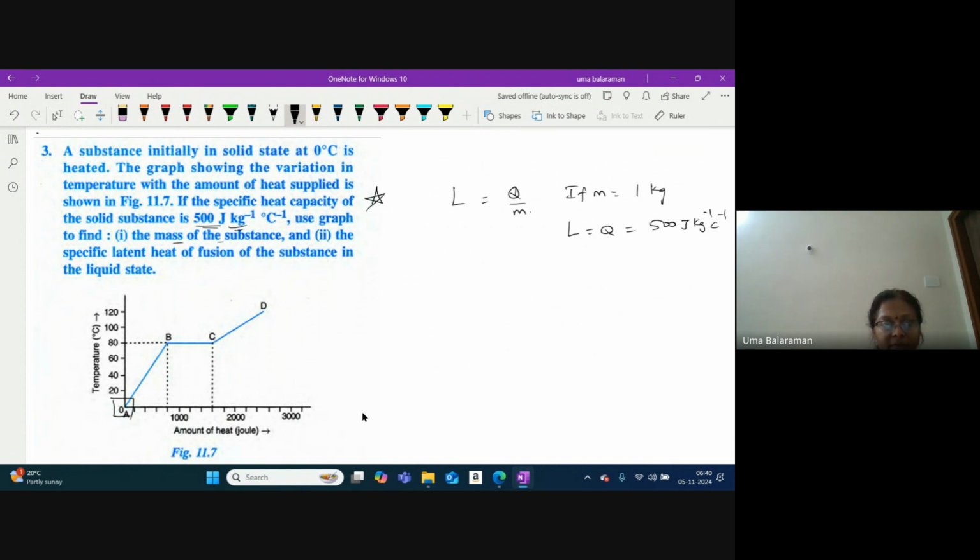Use the graph to find the mass of the substance. Okay.